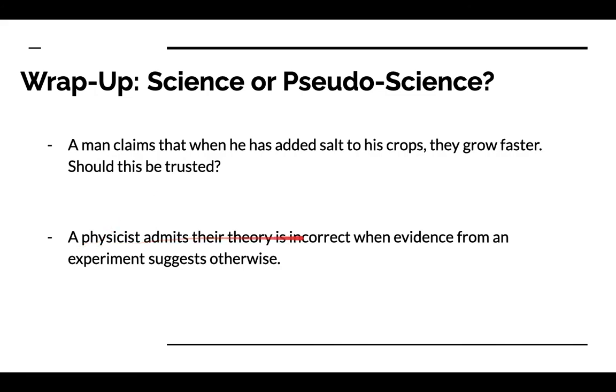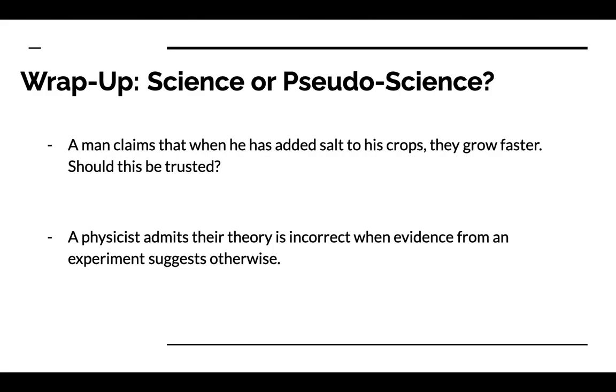Second claim: a physicist admits their theory is incorrect when evidence from an experiment suggests otherwise. This would be an example of science, a scientific behavior. This is perfectly fine. It's perfectly fine to be incorrect in science. When we have a hypothesis, we need to test it out. A physicist isn't claiming that their theory is correct initially. They have this theory, they test it out, and they gather evidence to see if their theory is correct.